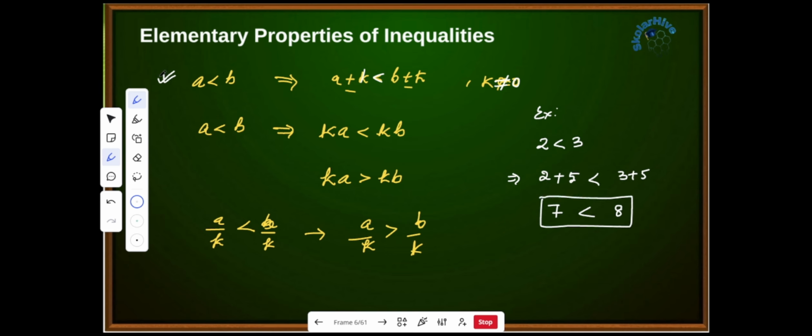So this is the first property of inequality: adding or subtracting the same quantity on both sides of the inequality does not change the sign of the inequality.